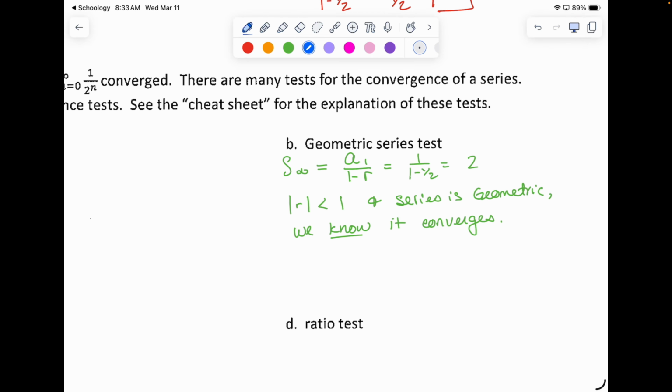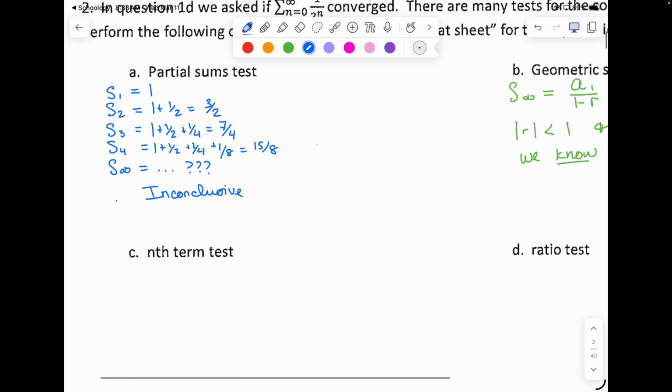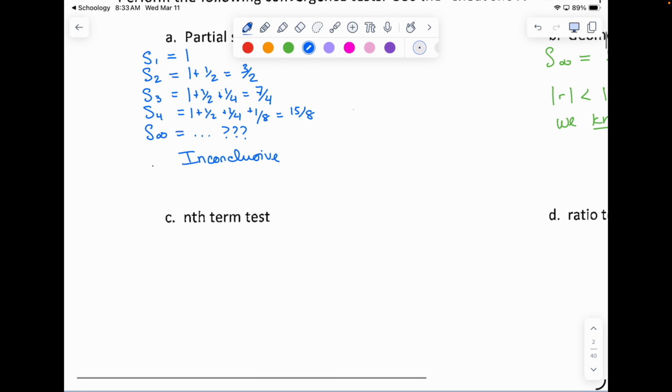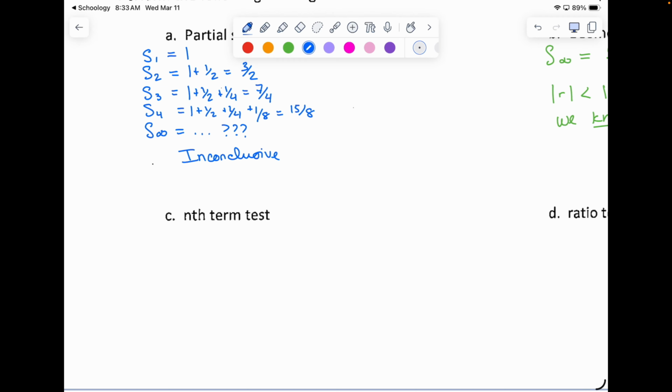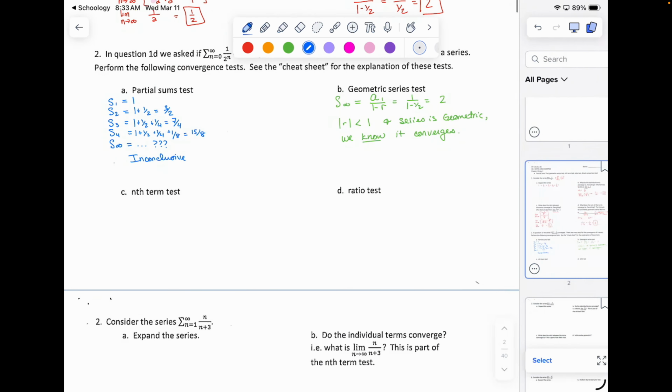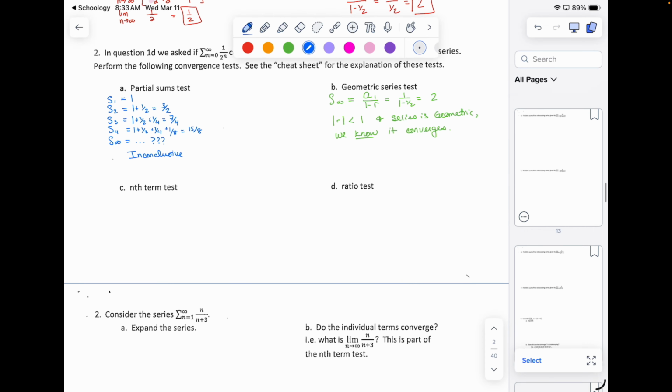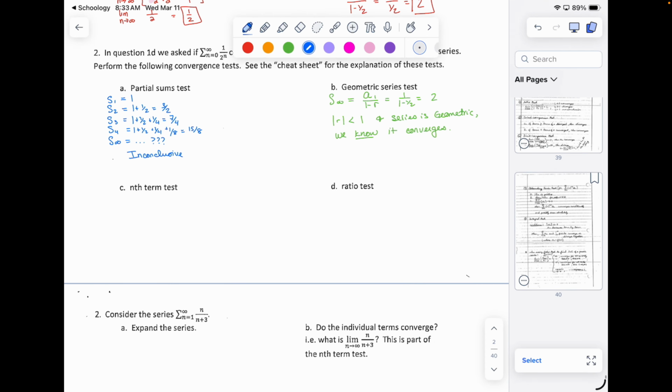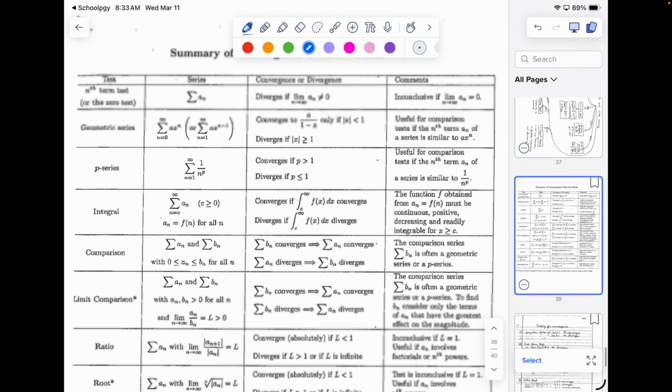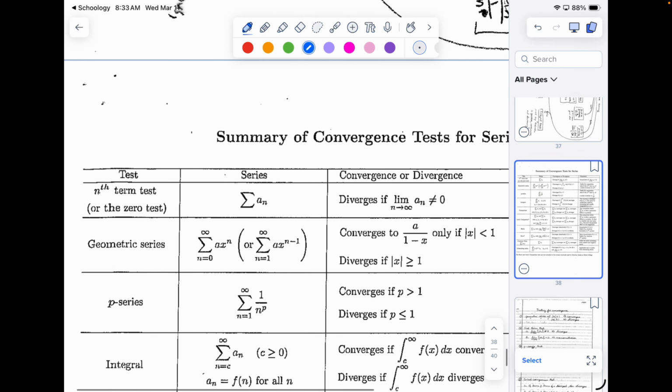Let's try another one. We have something called the nth term. If the nth term converges to a value, here, I'm hopeful that you guys are flipping back and forth and looking at it, but let me get there as well. This is the nth term test, okay?